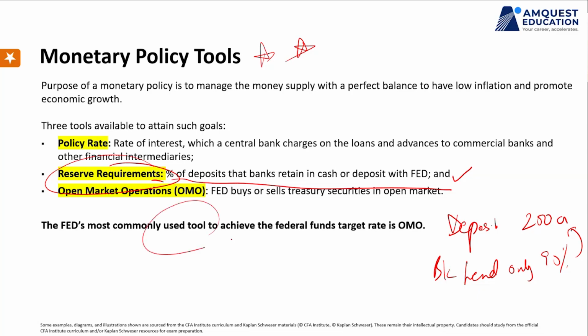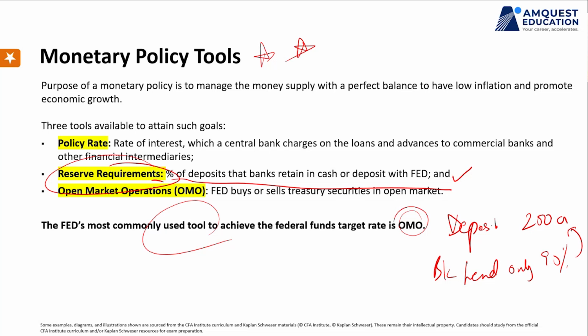Clear? The most commonly used tool by the Fed in the US is the open market operations. Any questions? Okay. So quick recap: policy rate, MRR, open market operation.